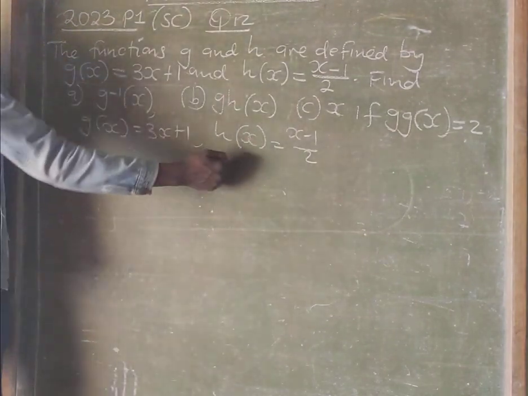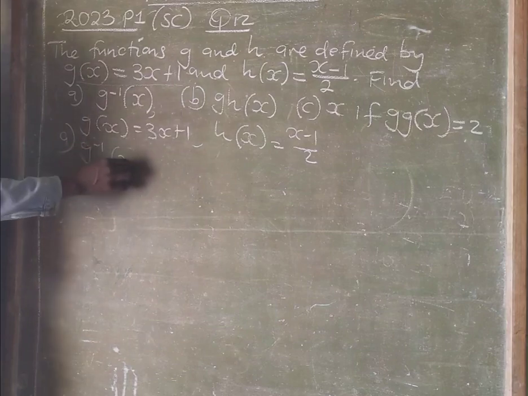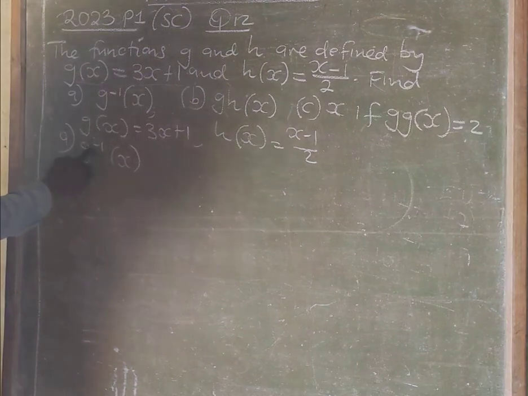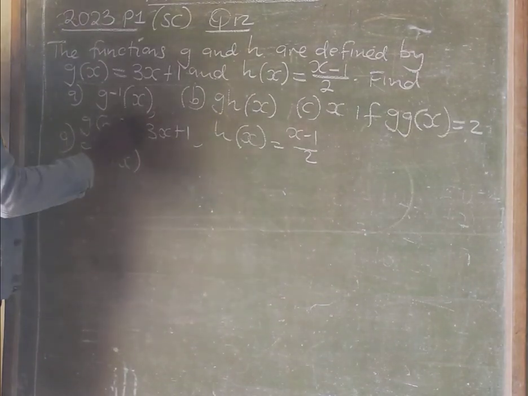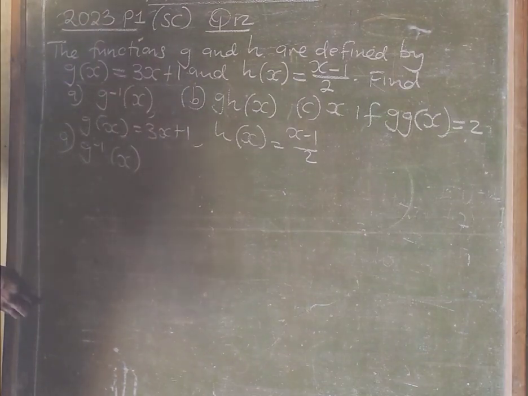They have asked you to find the inverse of g of x. When you encounter such a question, the inverse simply means the opposite. So they want you to find the opposite of this function g of x.